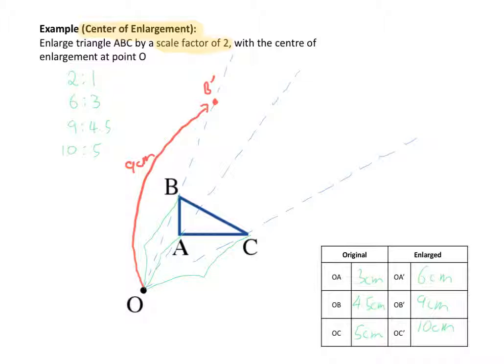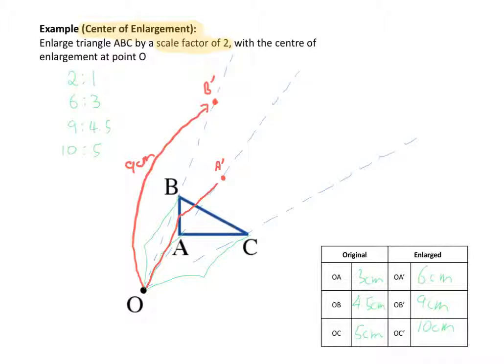I need to do the same from O to A, measuring along the guideline, up to 6 centimeters. So starting at O and putting a dot at 6 and calling that my new A, because I've measured from O all the way up to A. And I need to finish off by placing my third dot, again starting at O. This one needs to go from O up to 10 centimeters.